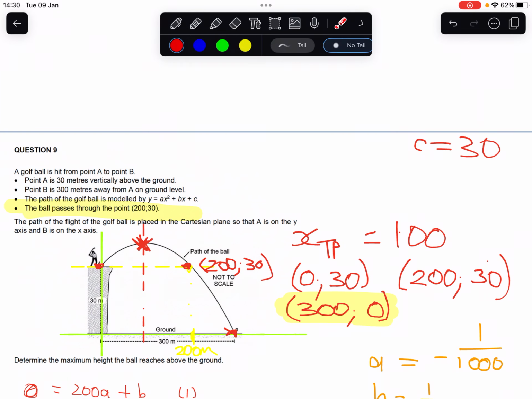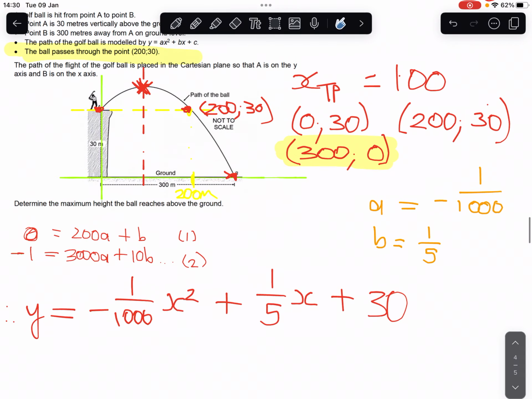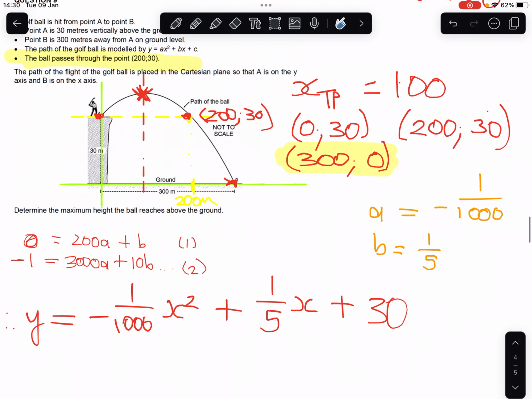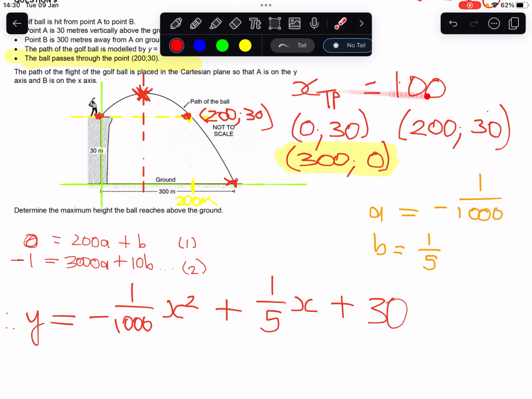So this guy over here. Cool. So we now have the equation for the parabola, right? The function. And remember that we needed it because we now had the x coordinate for the turning point, but we needed to figure out the y coordinate because that would give us the maximum height that the golf ball reaches above the ground.